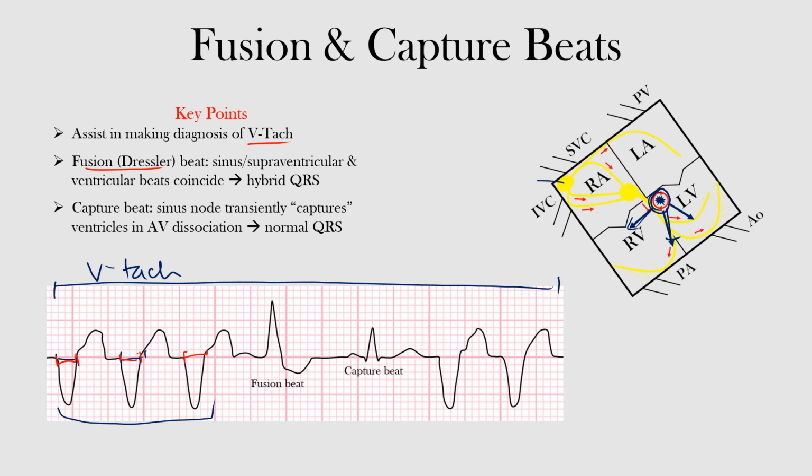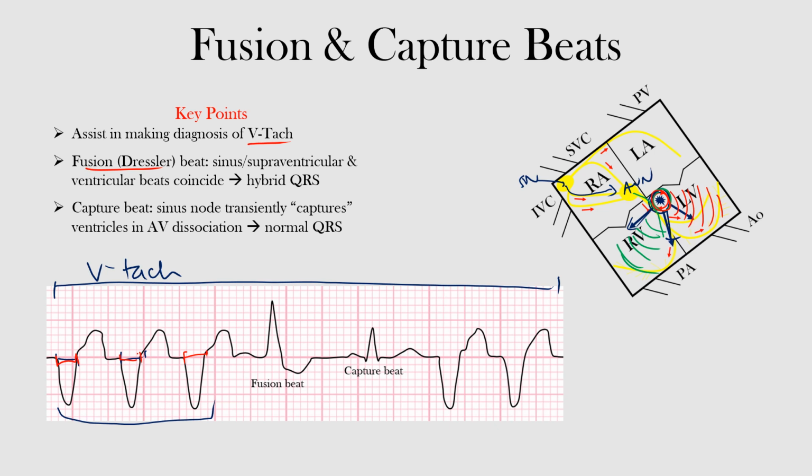Let's say it's coming from our sinus node. The sinus node fires down through the AV node and is able to capture some of the ventricles. It's able to make its way through and depolarize some of this area. But at the same time, you also have this beat coming from within the ventricles, from our ectopic focus, and it depolarizes some of the other side of the ventricles.